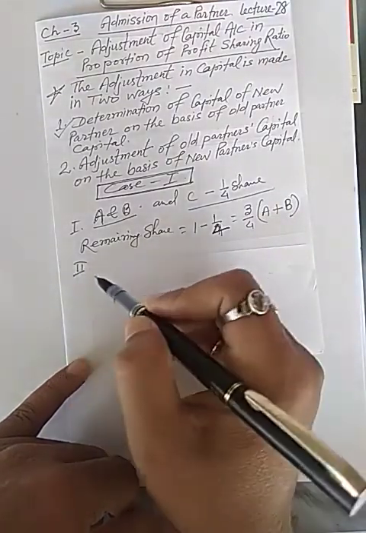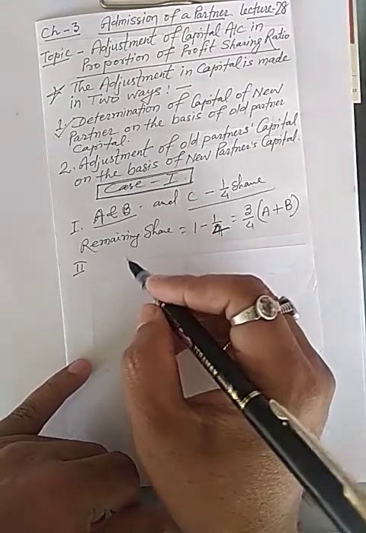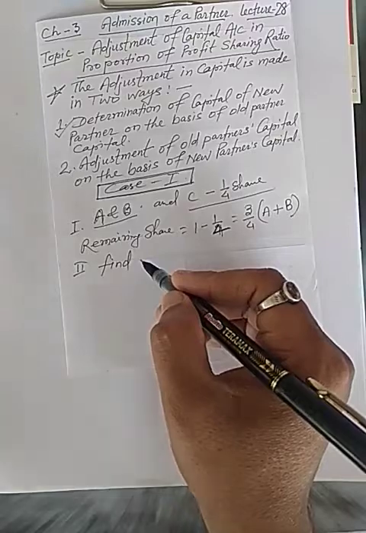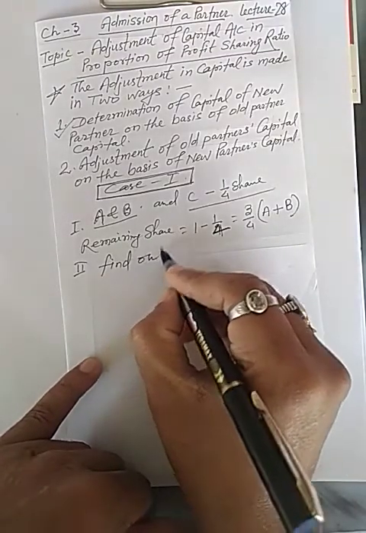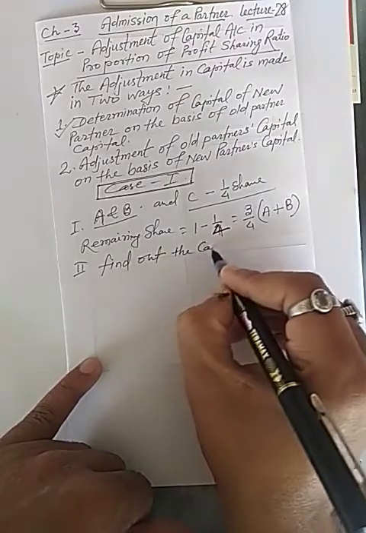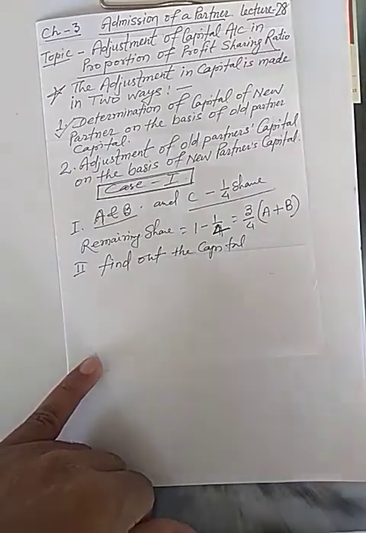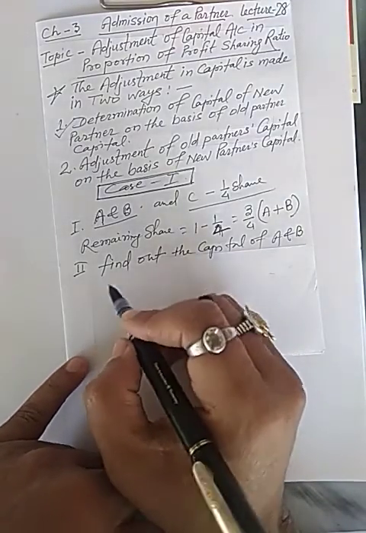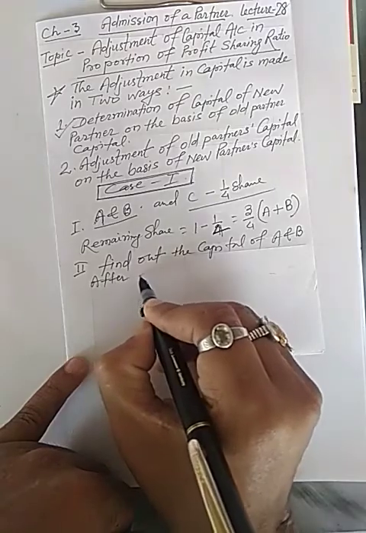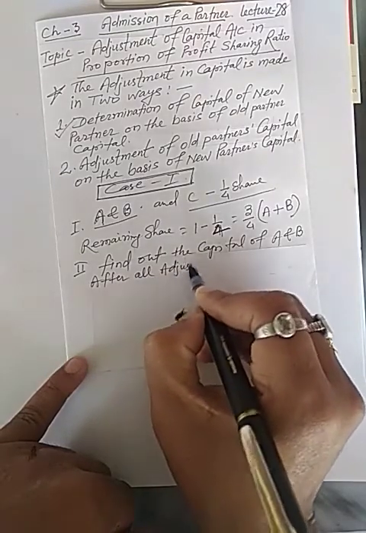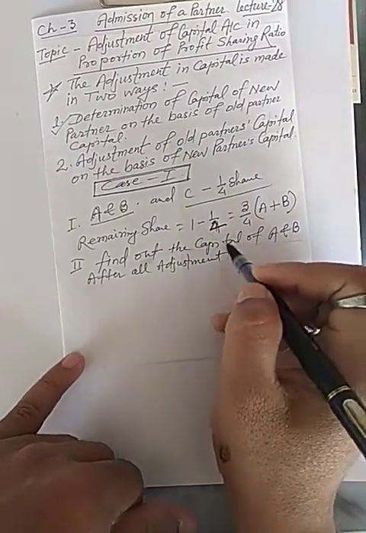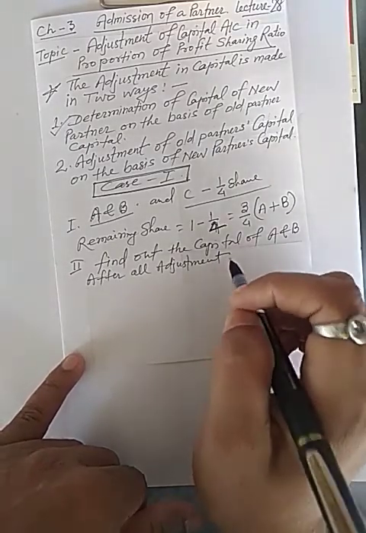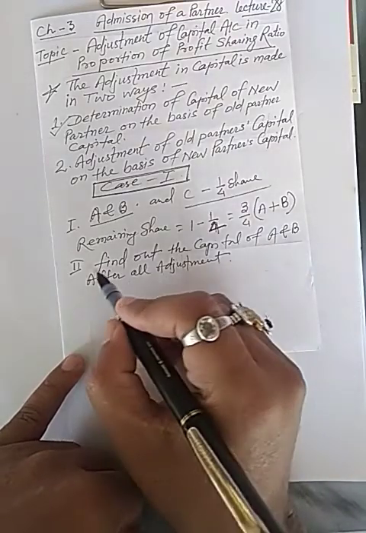Second step will be find out the capital of A and B after all adjustment, that will be revaluation of asset and liability, reserve, goodwill, etc. This is second step.